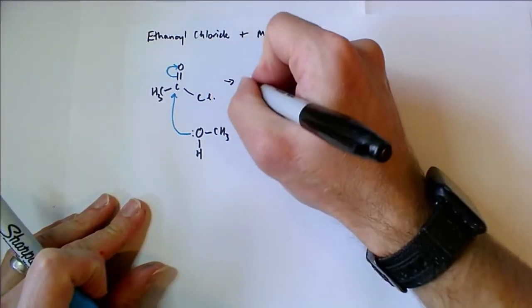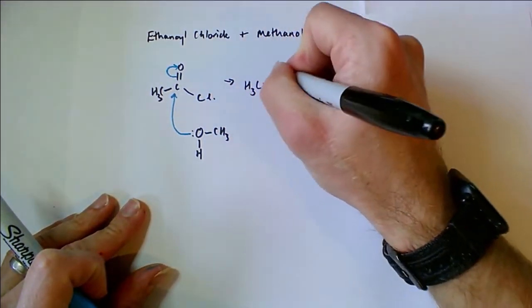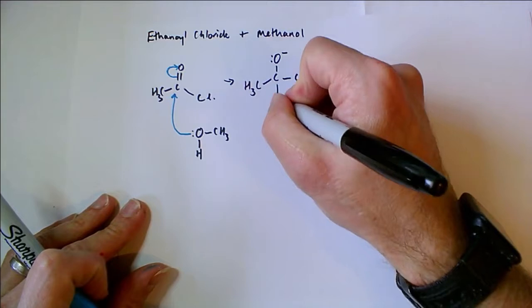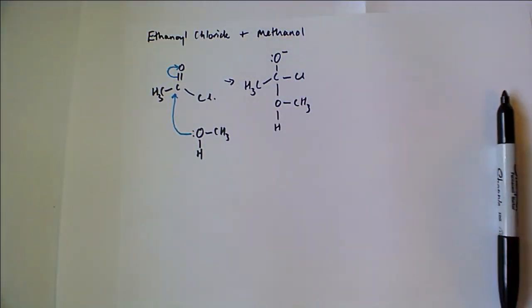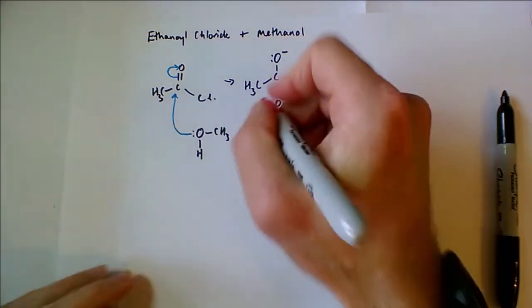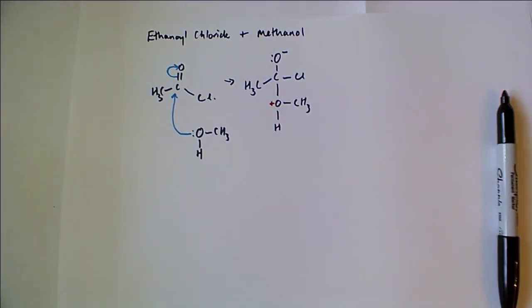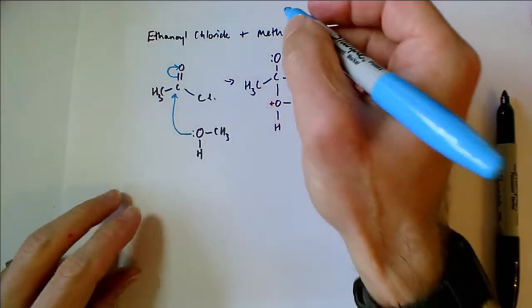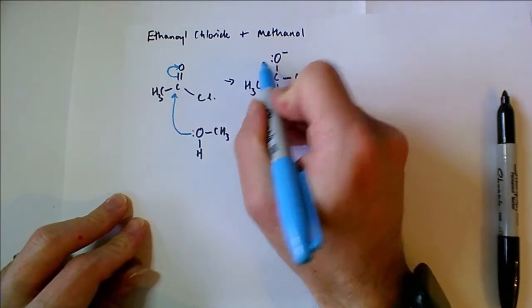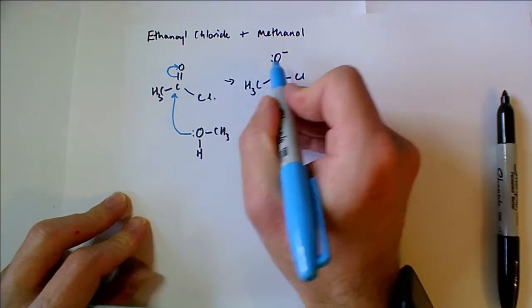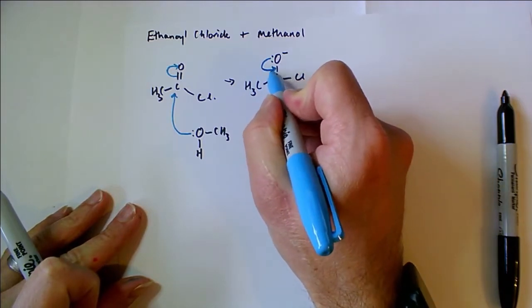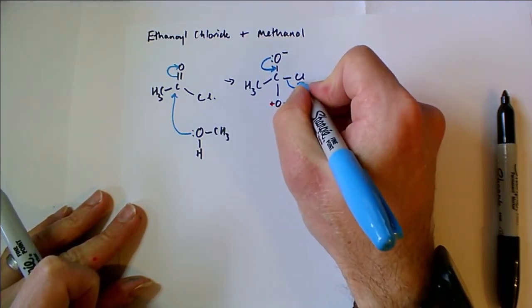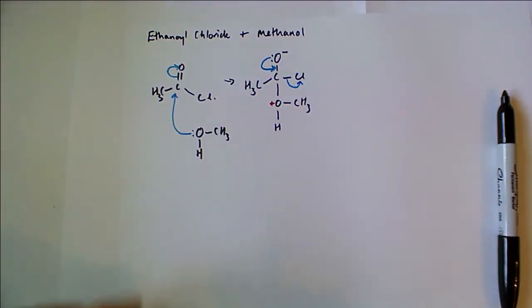I then make my first intermediate. Okay, so I've missed something on this, so hopefully you've spotted that I should have shown a positive charge there. And now let's crack back on with our mechanism. So now we're going to eliminate, so we're going to remove something from this molecule, and the victim is the chlorine.